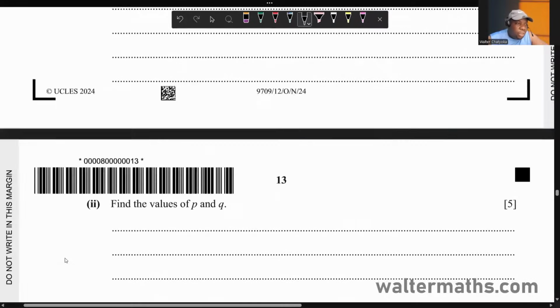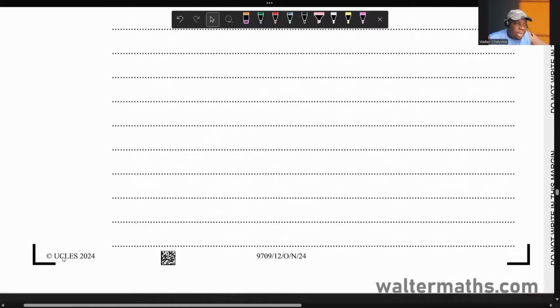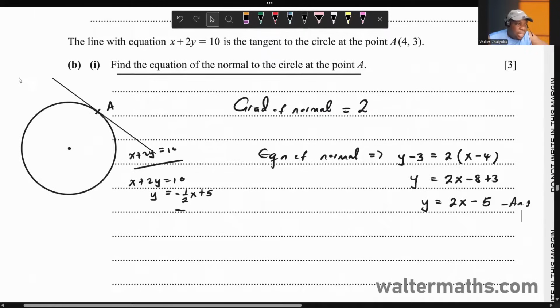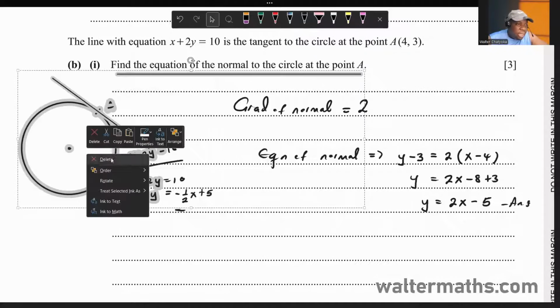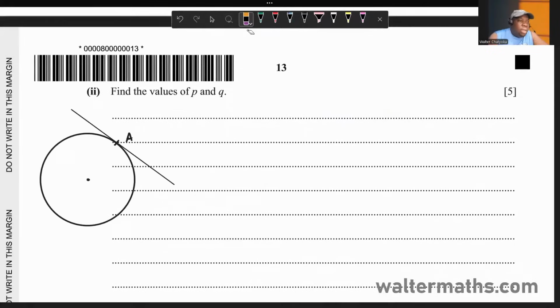Let's move on to part 2. They say we should find the value of p and q. So let's take this little sketch and place it down here. We have to consider some things.